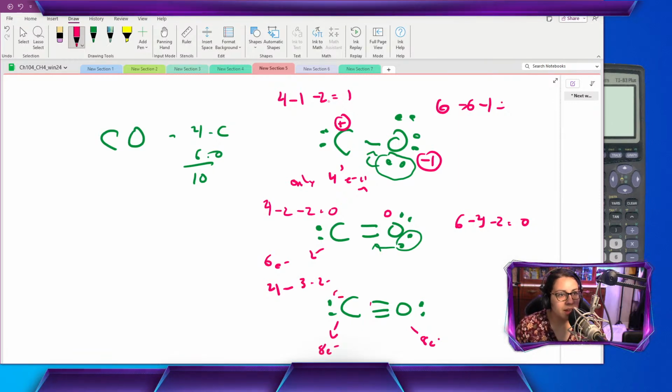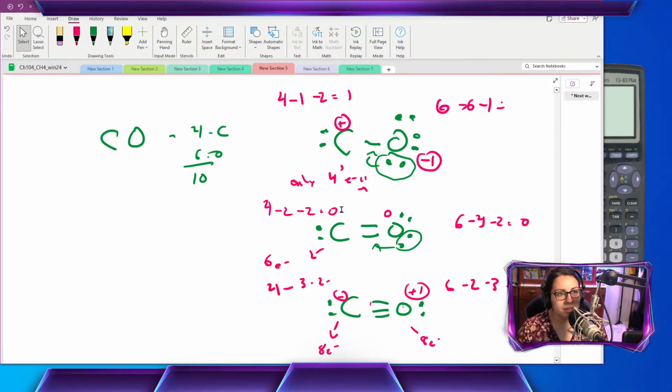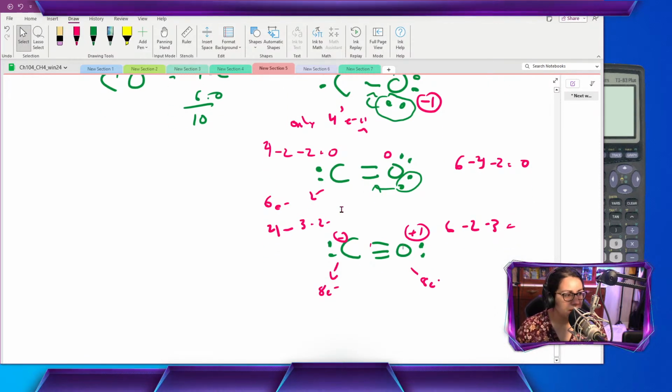That gives us a -1 charge. And then oxygen, 6 minus 2 minus 3 gives us a +1 charge. So does anyone find anything kind of funny about that? What's kind of off?